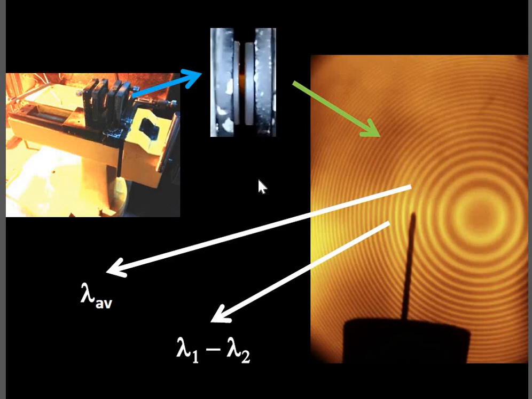Then using the horizontal and vertical adjustment screws, you have to bring this fringe pattern to the center of your vision, something like this, what you are seeing. And now today I will show you how, using this, we can estimate the average wavelength of the sodium light and also the difference between the sodium doublet.